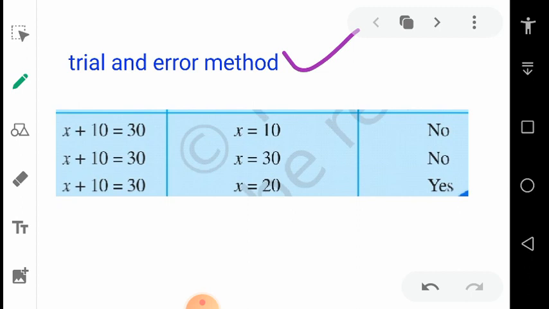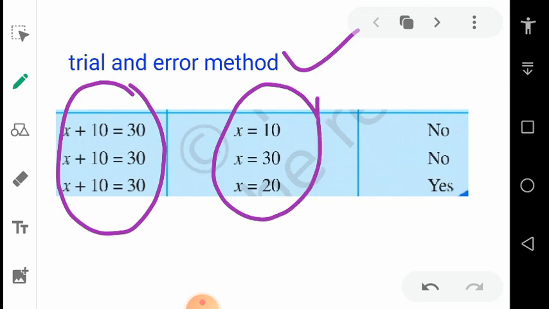Now here we can see that for x plus 10 equal to 30, we are taking different values of x. It means in the first two cases the values of x are wrong, but in the third case the value of x is right, so x will be 20.